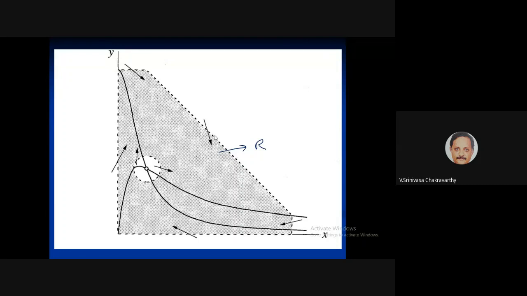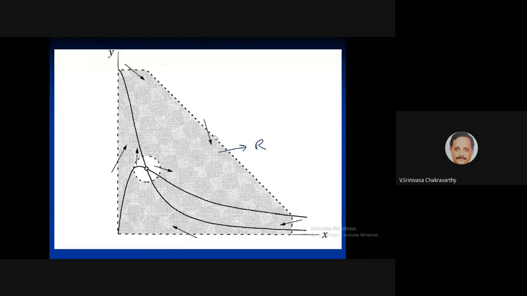So we won't be using this technique in detail later on in the course, but we'll use these arguments about how to find the flow pattern over the entire phase plane, simply using qualitative arguments, not by actually computing the vector field at every point. We'll use these arguments later on when we discuss simplified neuron models. So let us stop here.